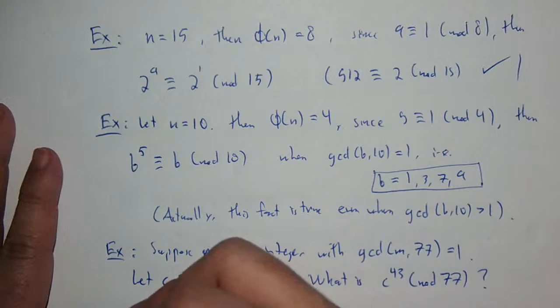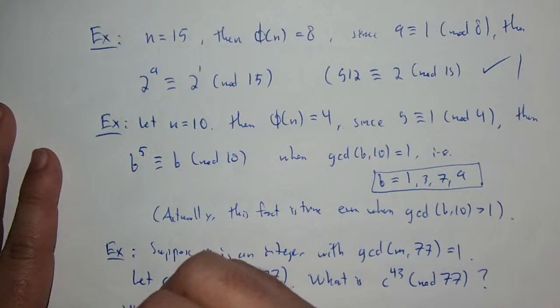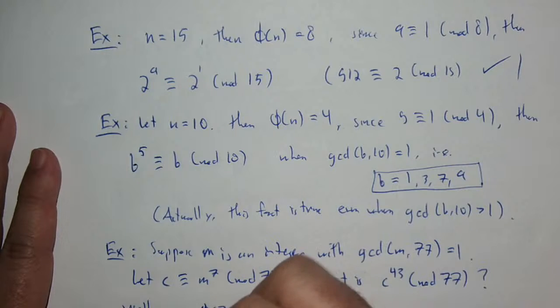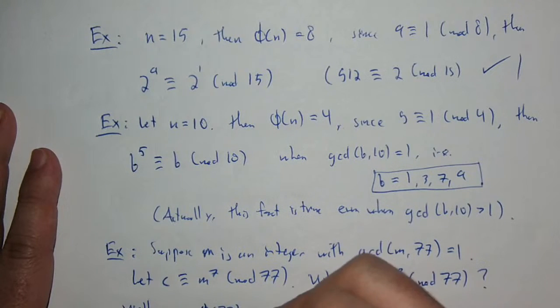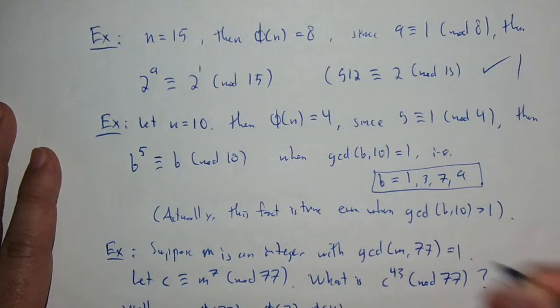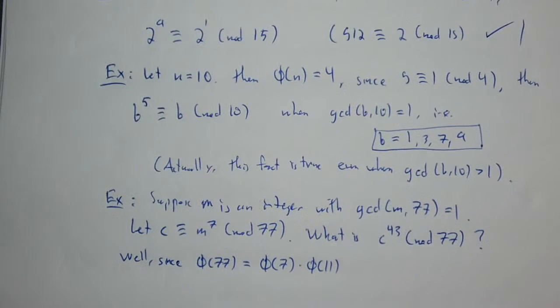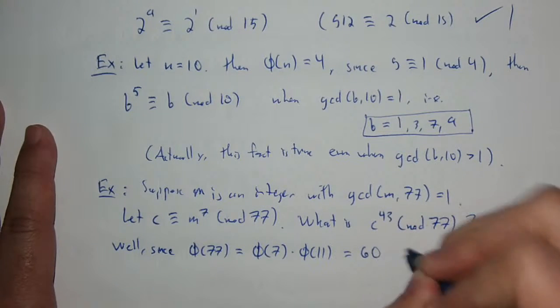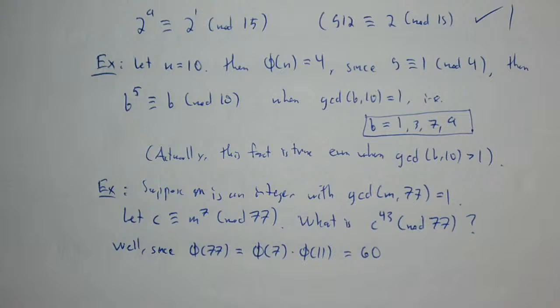Well, since phi of 77 is the same thing as phi of 7 times phi of 11, both of these are primes, and so this is 7 minus 1, this is 11 minus 1, so 6 times 10, so this is 60.